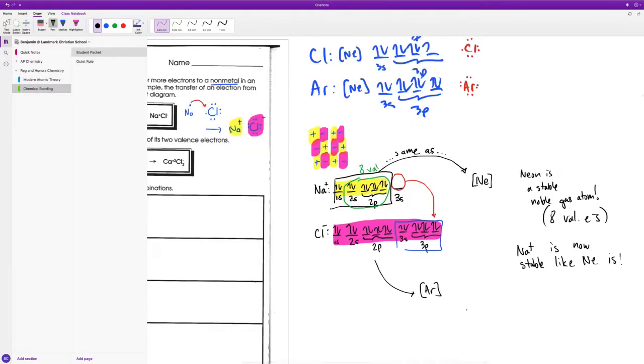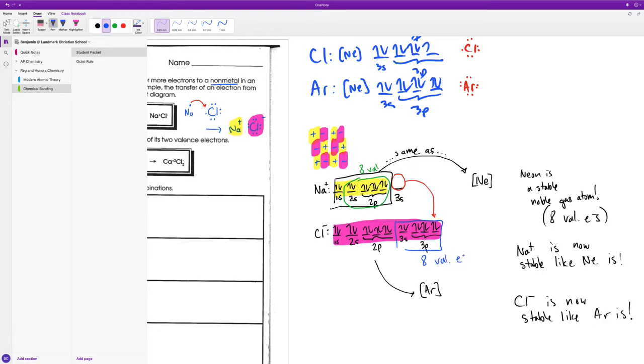Argon's electron configuration is what we have now in the chloride ion. So Cl- is now stable like argon is. It also has an octet. That's sort of the secret here.